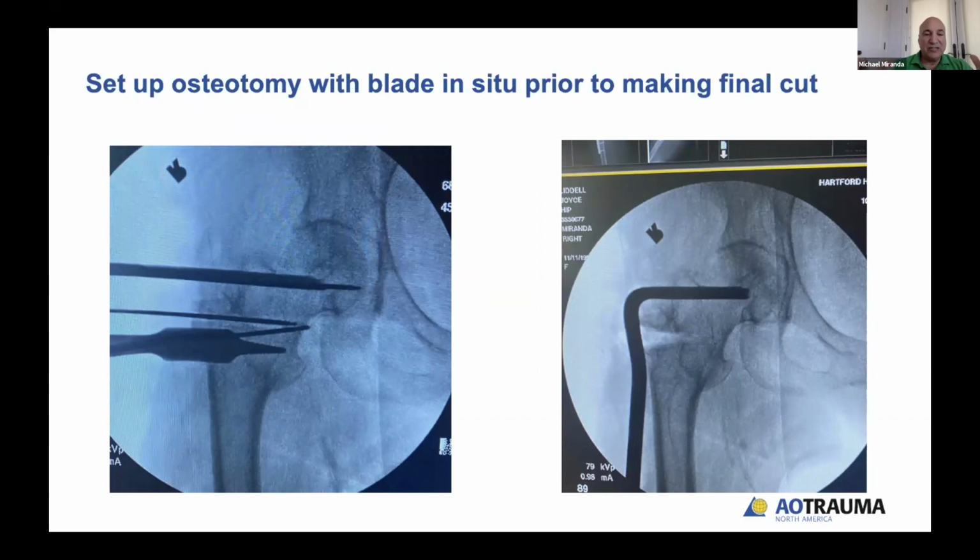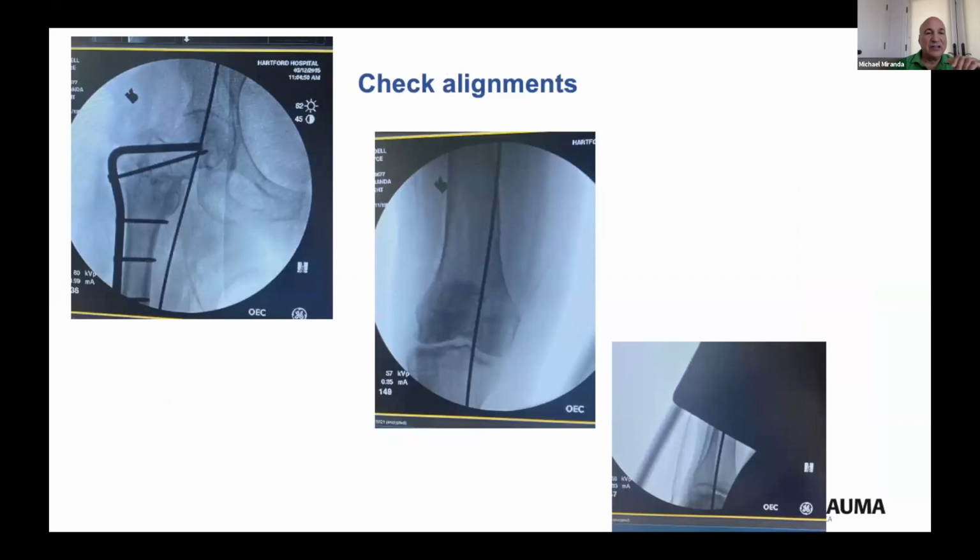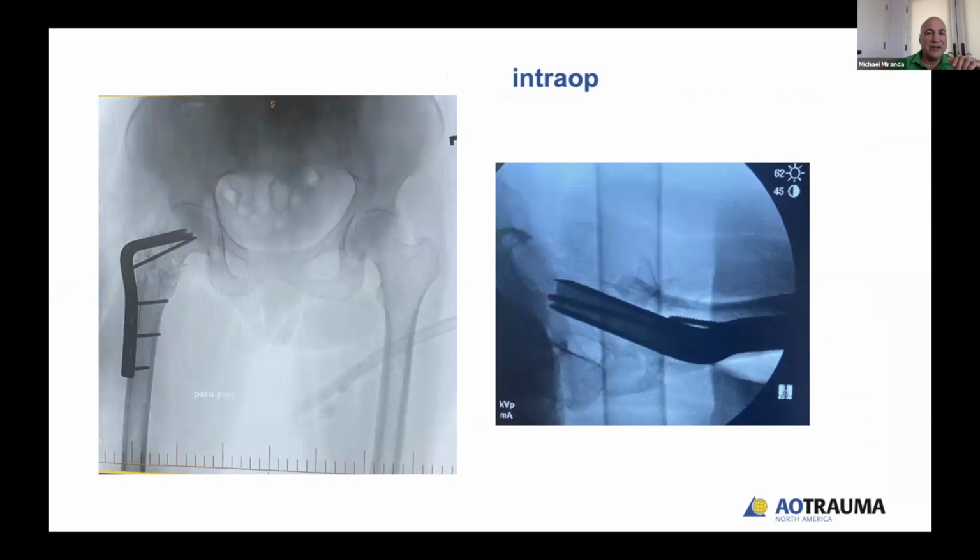Roger's a master technician. He's able to freehand it and make them look beautiful. For me, I depend on those wires, and so I'll ride the wire and then drive in the plate before I finish my osteotomies. Okay, get everything all set, and then do my rotation, and then compress it, assuring that I've got a satisfactory derotation. I check alignment, make sure everything looks good, and then it's our final.